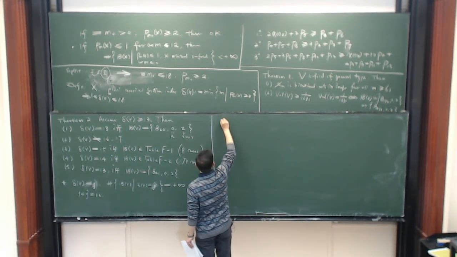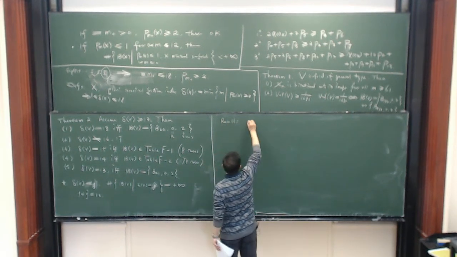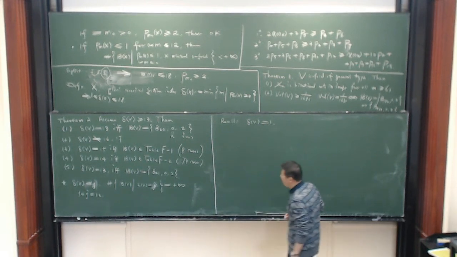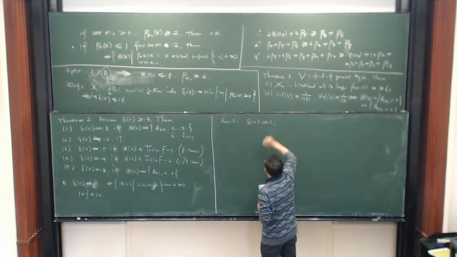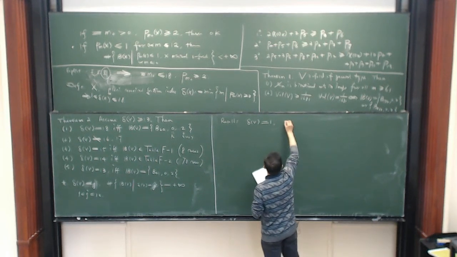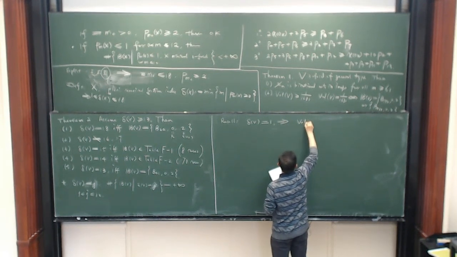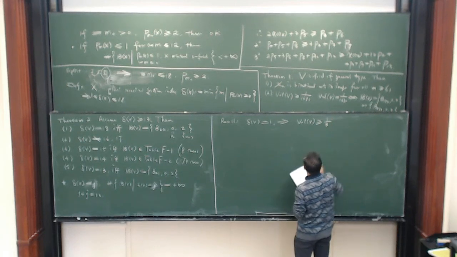Let me recall this. When delta of V equals 1, my earlier papers tell me that the volume of V is at least 1/3.